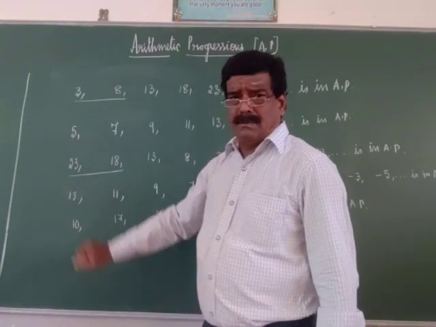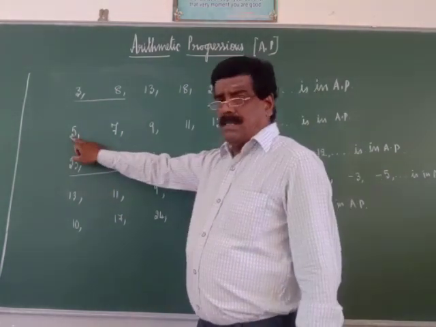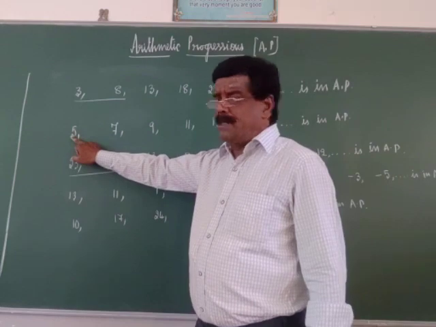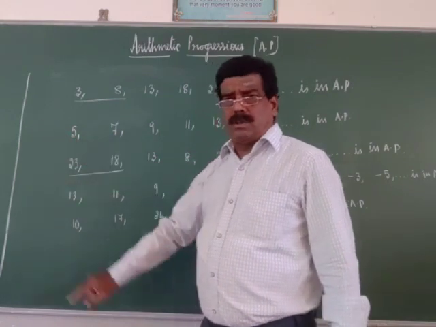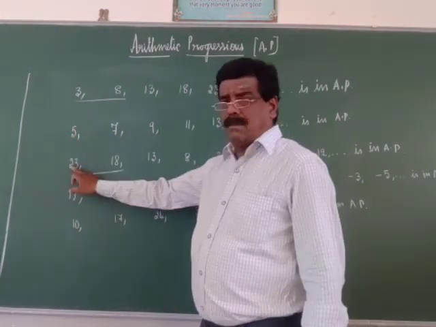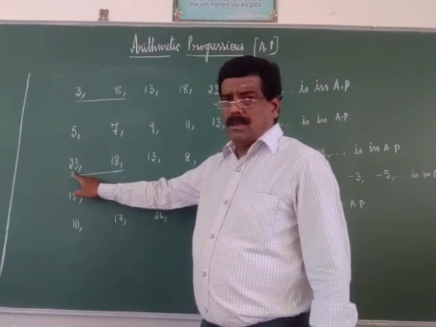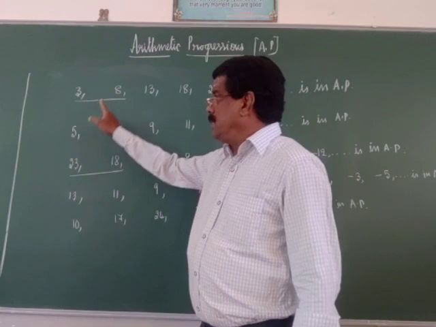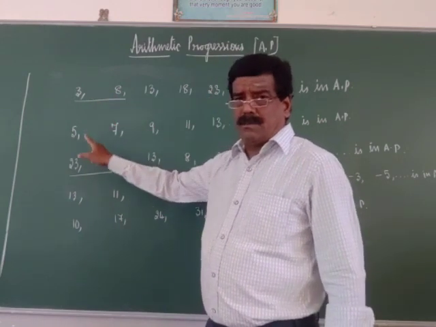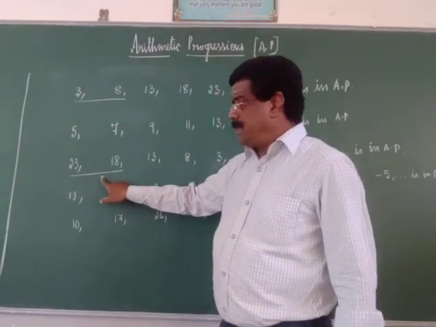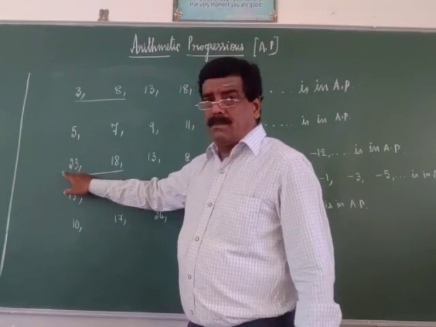Second example, the first term is 5. The common difference is 7 minus 5, 2. Coming to the third example, the first term is 23. The common difference, be careful here. In the first two examples we got a positive difference. Here it is a negative difference. That is 18 minus 23 is minus 5.